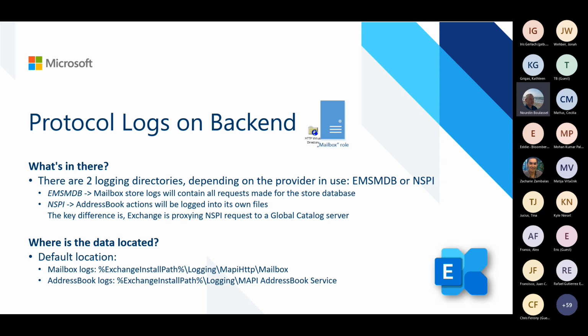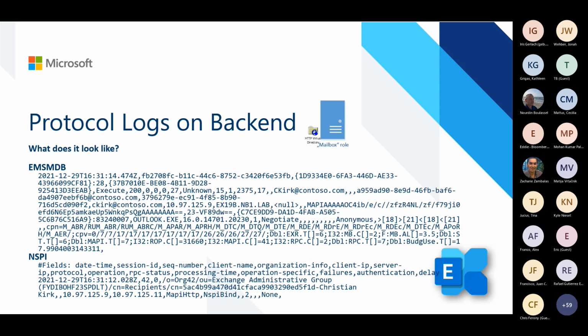From here, it has to either go down into its local store, or if it's an NSPI call, an address book call, it will be proxied to a global catalog server. But first, let's look at what these logs look like.